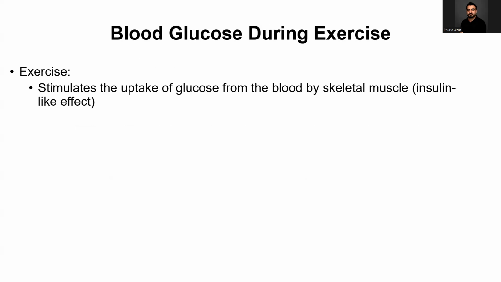So, blood glucose during exercise. As I said, exercise has an insulin-like effect. Exercise stimulates the uptake of glucose from the blood by skeletal muscle, so it decreases blood glucose levels.